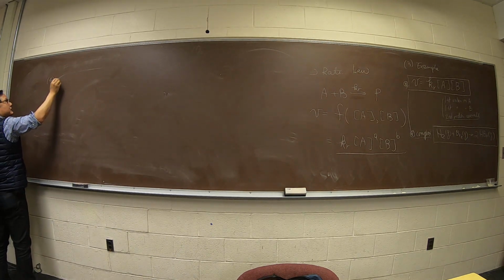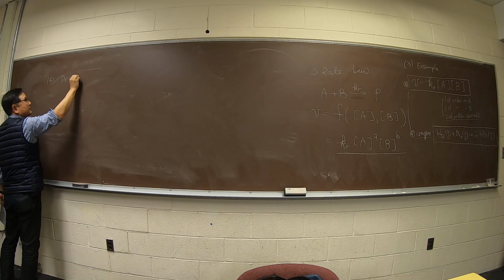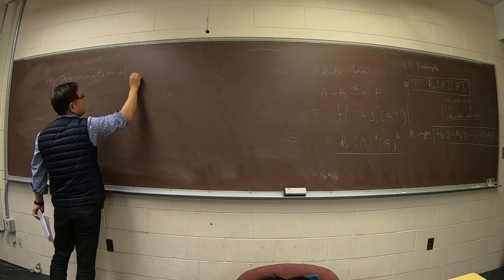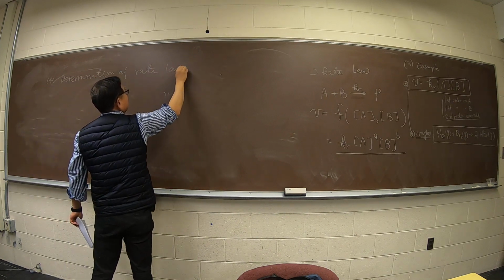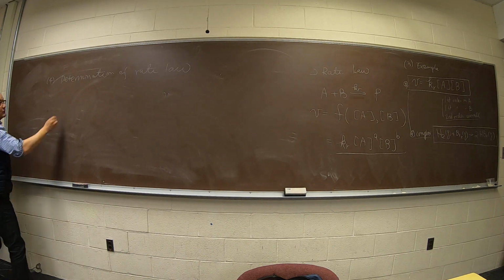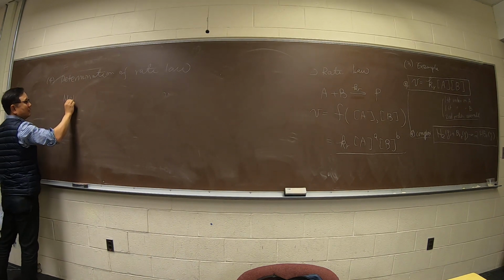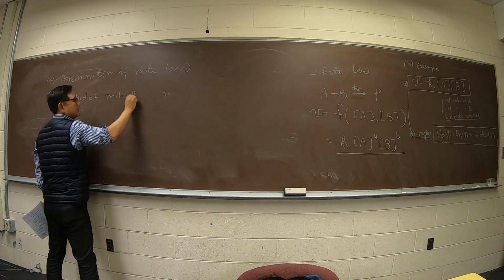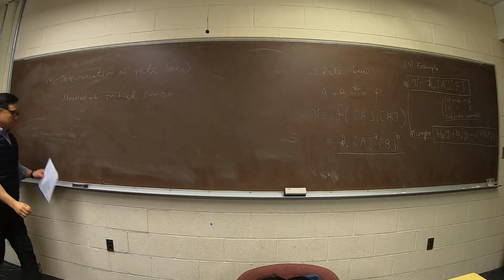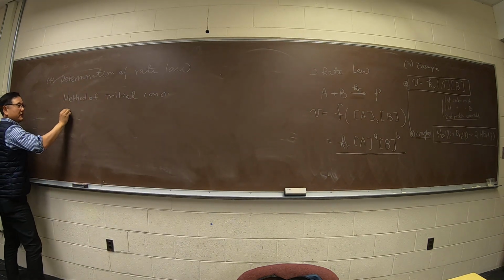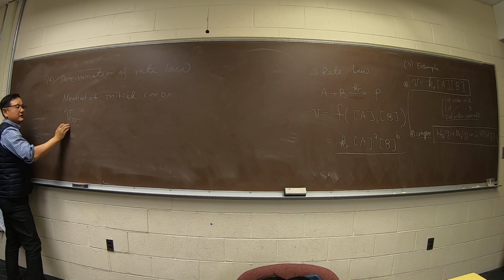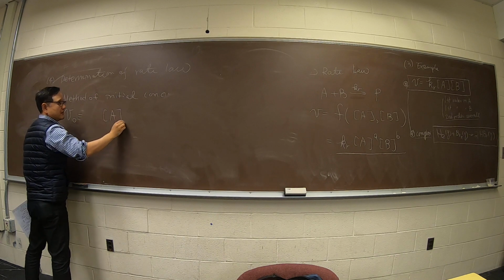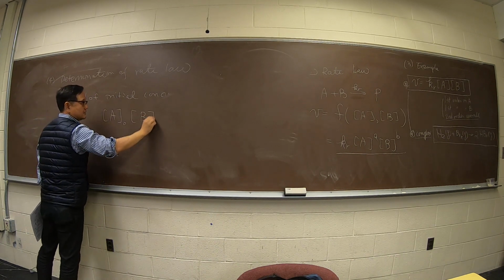And how to determine the rate law? How do we do that? We call the method the method of initial concentration. So think about it. We are measuring in the beginning, and then we can change the concentration of A naught, the concentration of B naught.